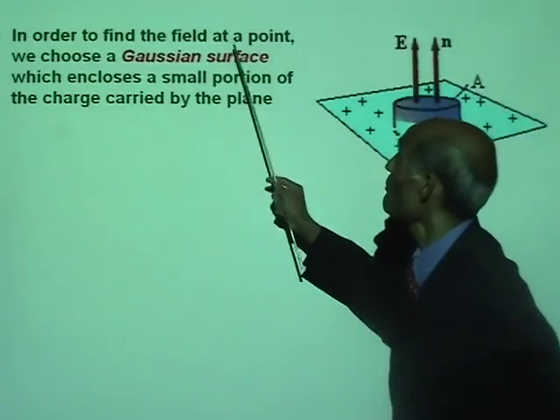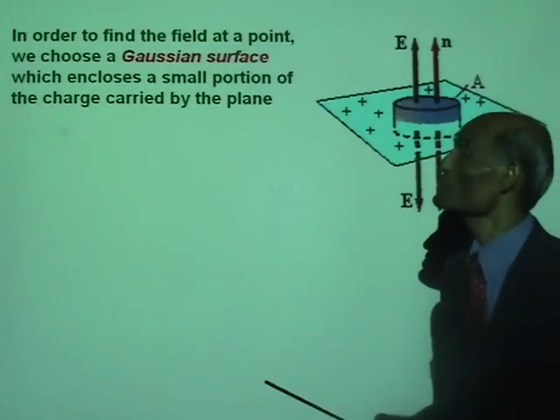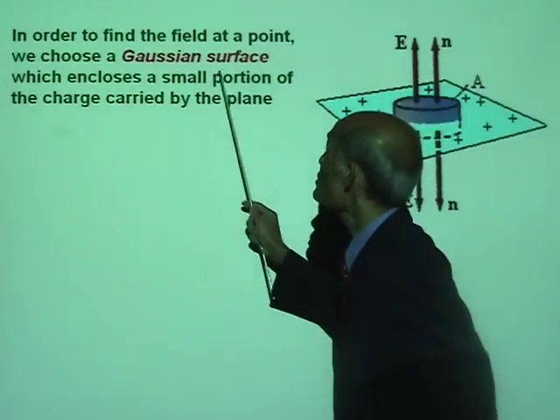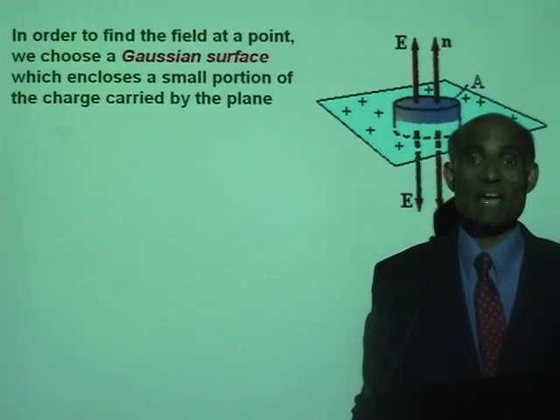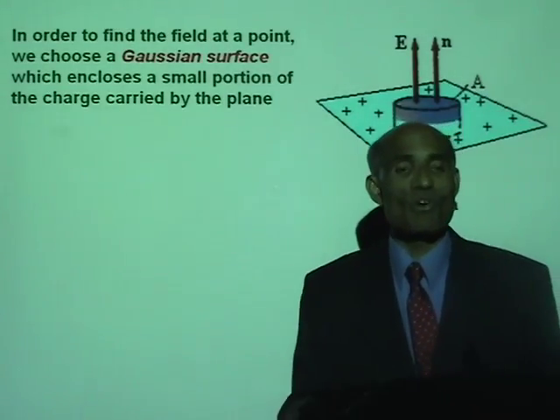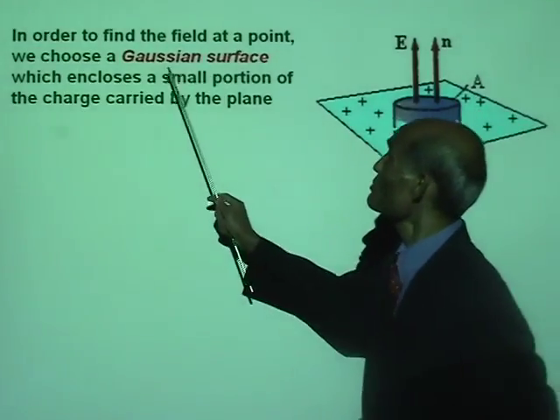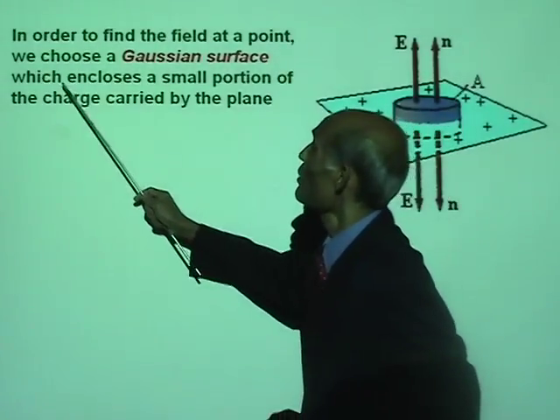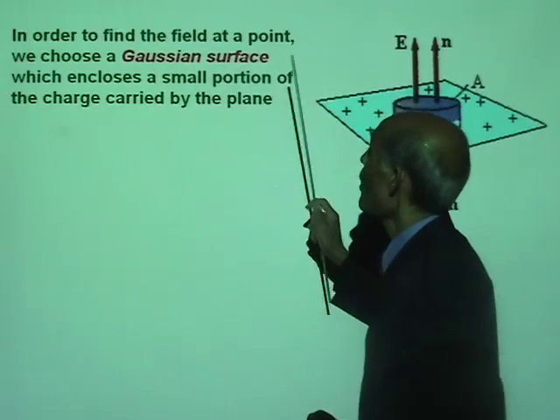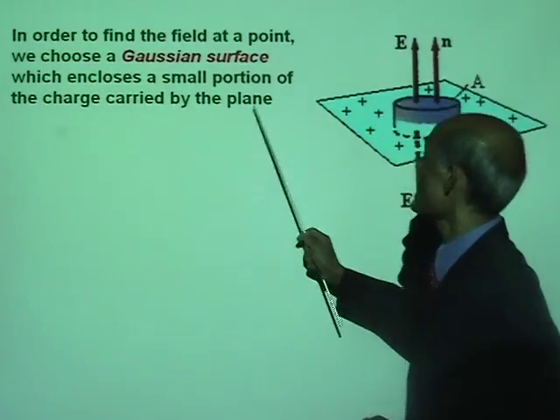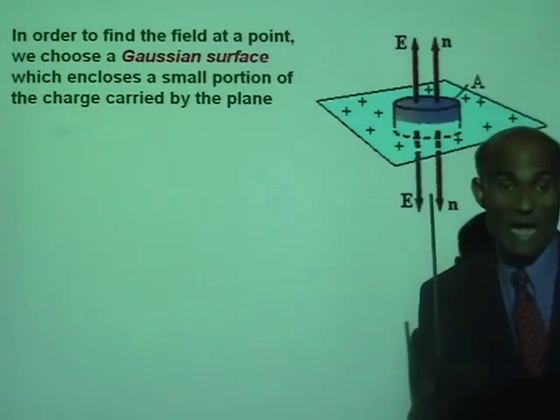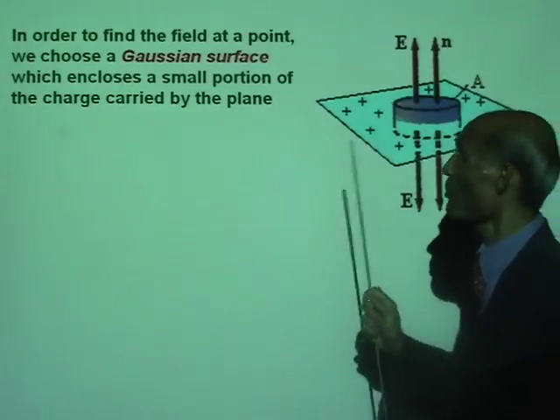In order to find the field at a point, we choose a Gaussian surface. This is the standard method we're going to use for every problem using Gauss's law. We choose a Gaussian surface which encloses a small portion of the charge carried by the plane and that contains the point.